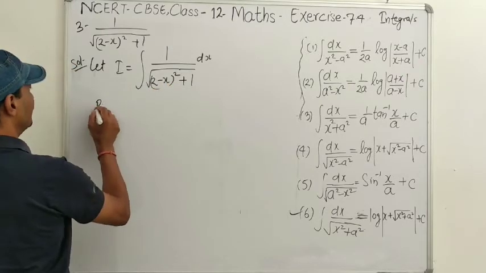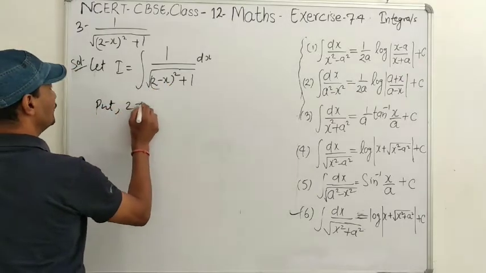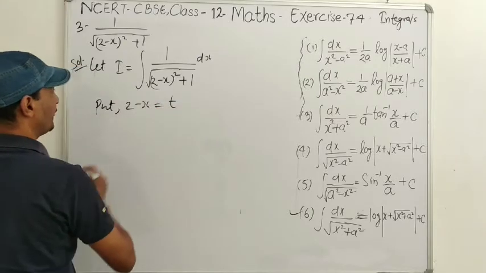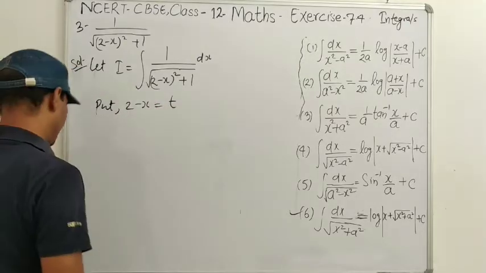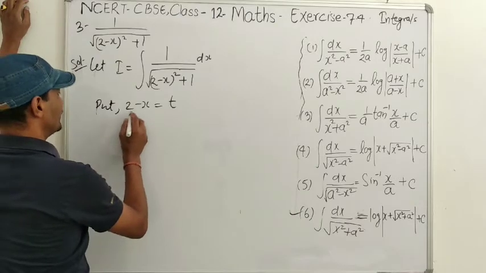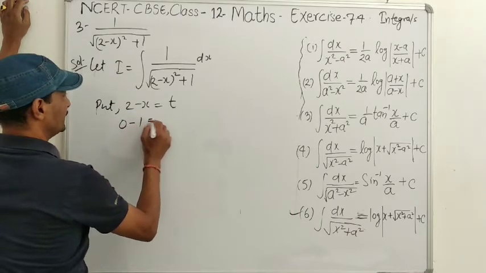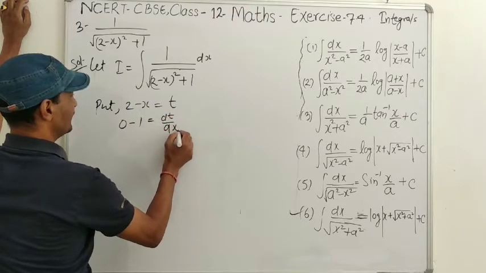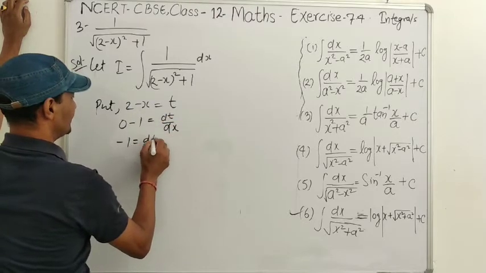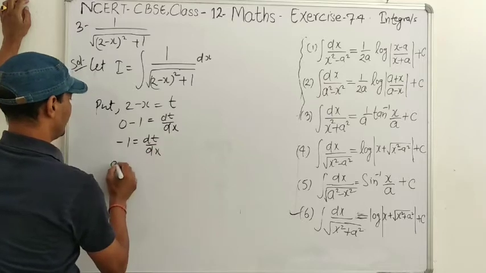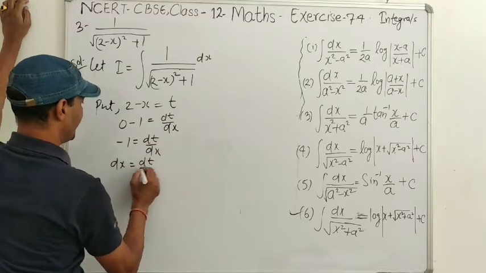So we put here 2 minus x is equal to t. Now differentiating both sides with respect to x, 2 is 0, x's differential 1, equal to dt by dx. This minus 1 is equal to dt by dx. So dx is equal to dt by minus 1.